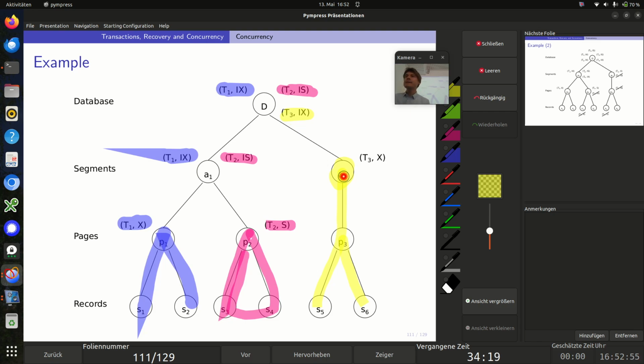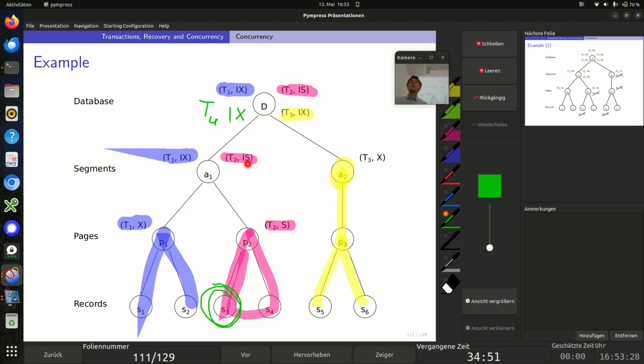Now the next example would be adding another lock. If there were another transaction, for example transaction 4, and transaction 4 wants to write, where does it want to write? It wants to write S3. So this is the target now of T4. We have to claim all the locks from top to bottom. T4 wants intentionally exclusive.